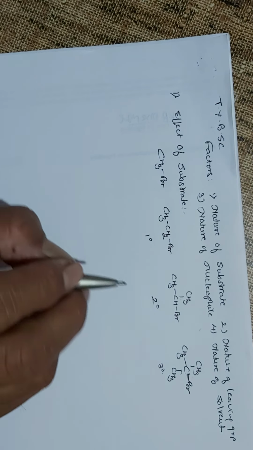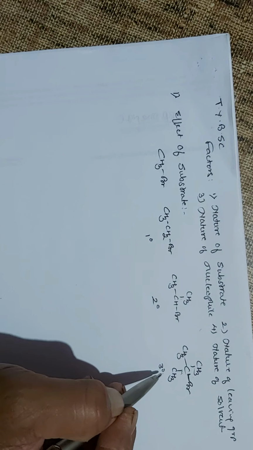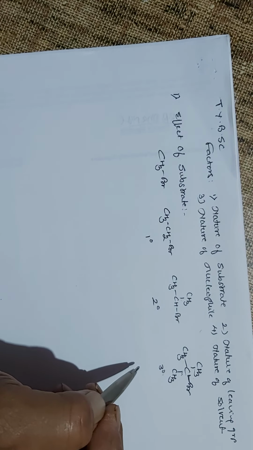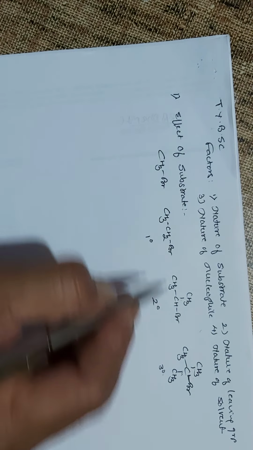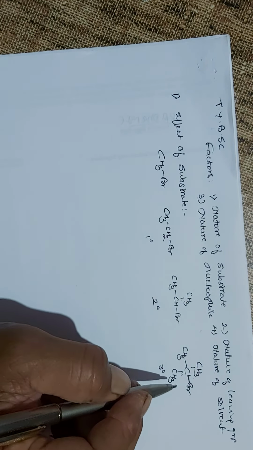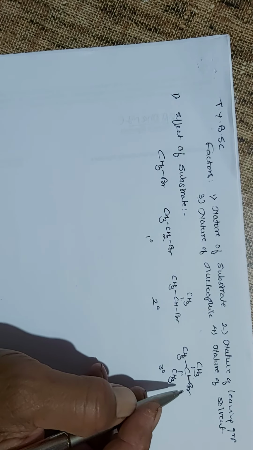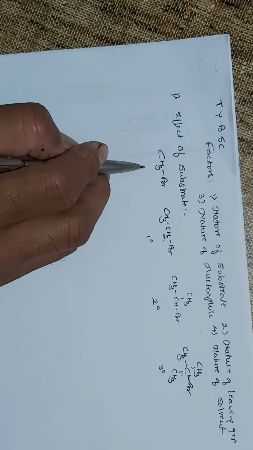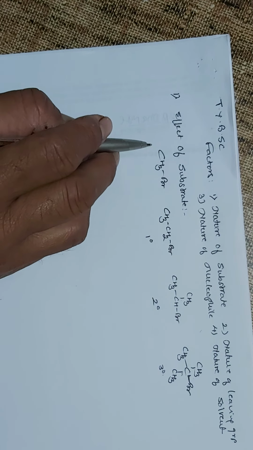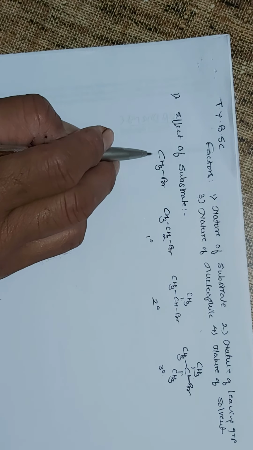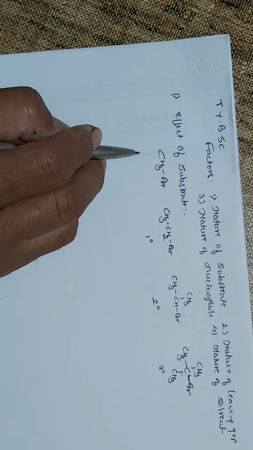In the SN1 mechanism, the stability of the carbocation is considered, and so the attack of the nucleophile can take place from both sides, front side or back side. Whereas in methyl bromide, in the SN2 mechanism, the attack of the nucleophile takes place from the back side only, because the molecule is less crowded.